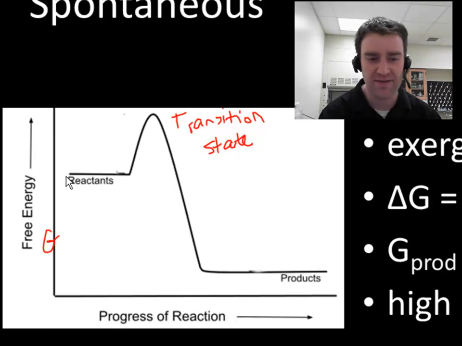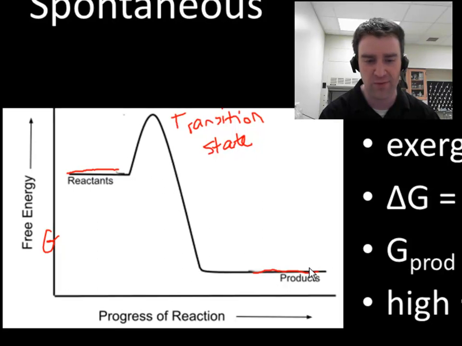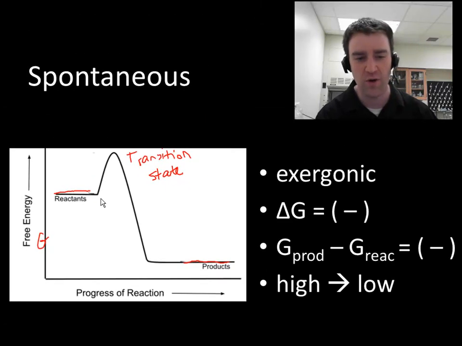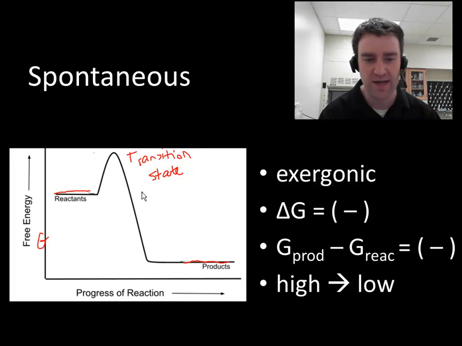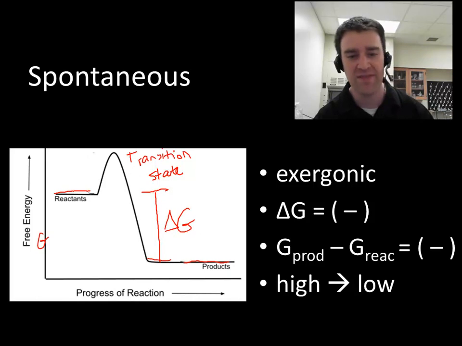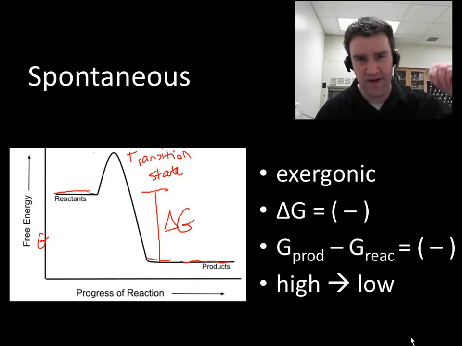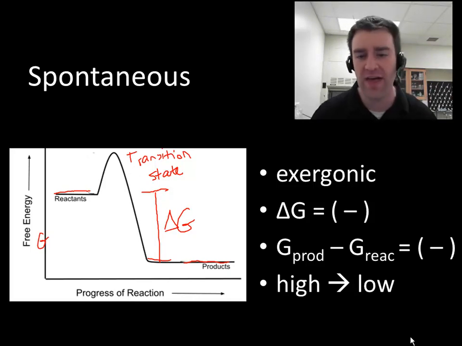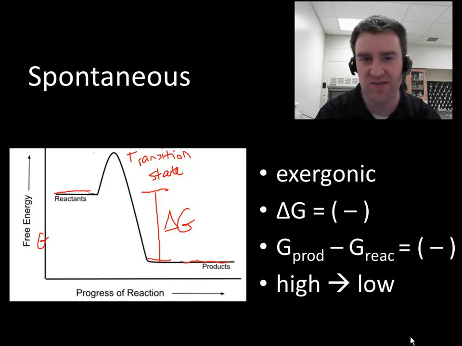If the energy level of the initial chemical reactants is much higher than that of the final products, then you'll see this overall downhill shape of the graph. So from reactants to products, this right here is what delta G would be. And in this kind of graph, when you're going from high to low, we call that an exergonic chemical reaction. That's another way of saying spontaneous. It's like we're exiting out of a high energy state.